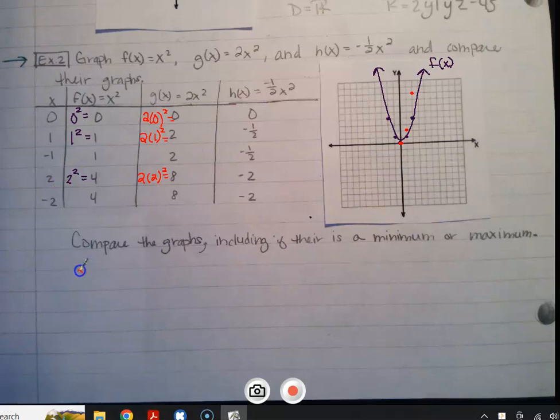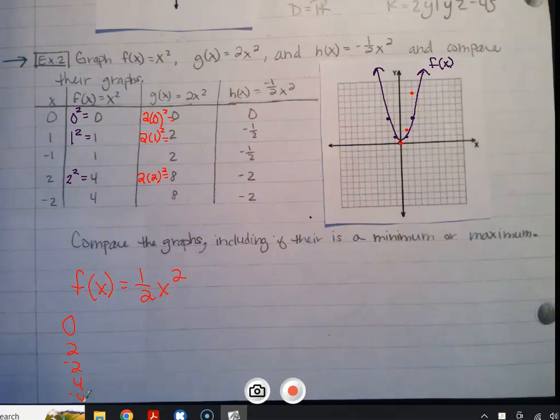Like if you had f of x equals 1/2 x squared, in that case I would pick numbers that wouldn't give me fractions. So I would pick 0, 2, and negative 2, because if I multiplied 2 by 1/2, I would get a whole number. But then I would pick 4 and negative 4 as well, probably, instead of picking the 1, because that would have given me a fraction for my answer.